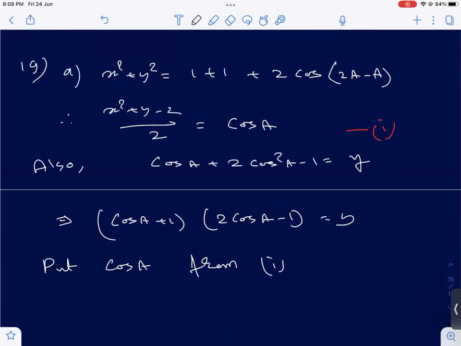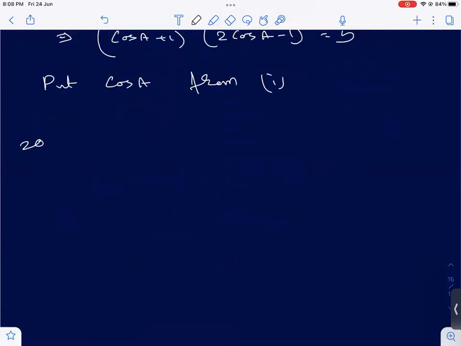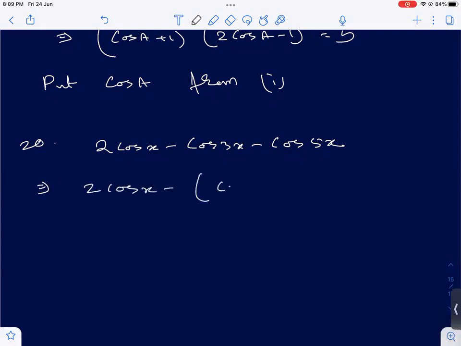And it is coming the last sum, number 20. Let us complete that sum number 20. So we are getting 2 cos x minus cos 3x minus cos 5x. This can be written as 2 cos x, and this is coming cos C plus cos D formula.